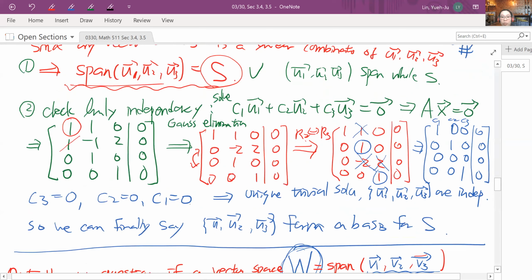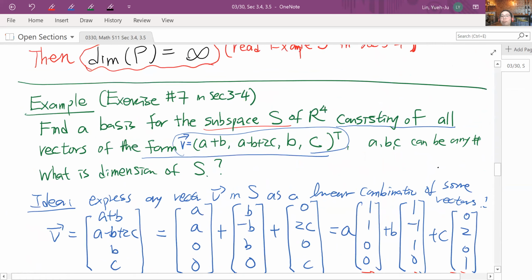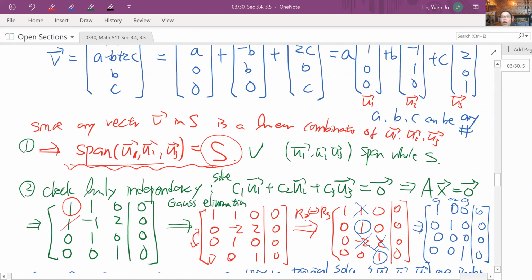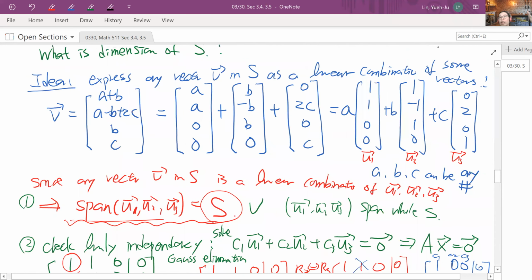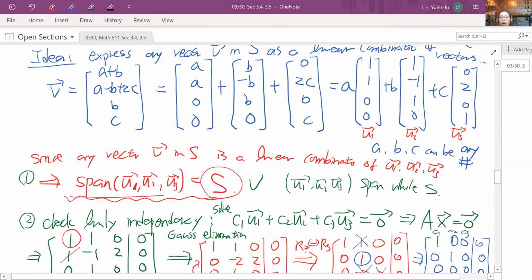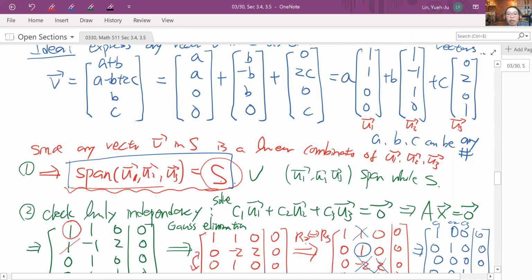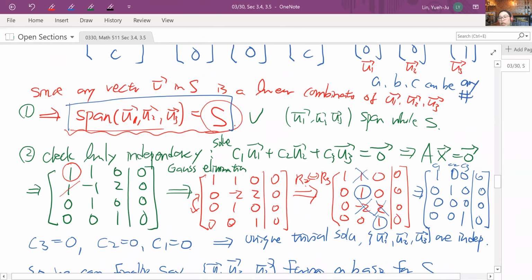For example, like this problem, right? I don't know what the basis is, and I don't even know what the dimension is for this subspace S to start with. But first, I rewrite the vector. It looks like a linear combination of 3 vectors. So I first get the conclusion that this vector space S is the span of these 3 vectors. But at this point, exactly as I said, you don't know the linear independence, right? So you can only say the dimension will be at most 3. It could be 3, it could be 2, it could be 1, until I really check the linear independence.